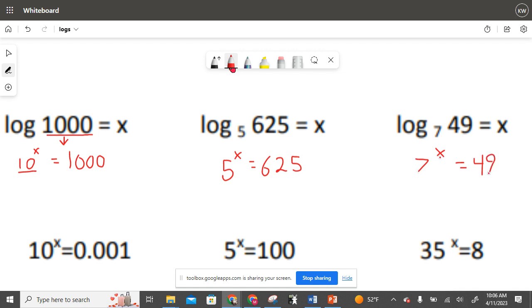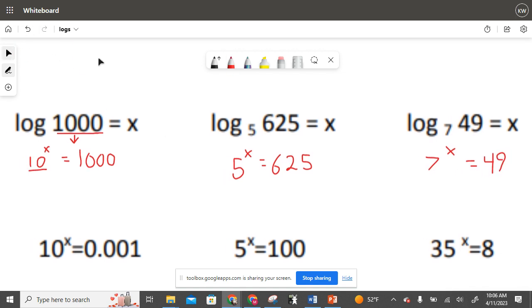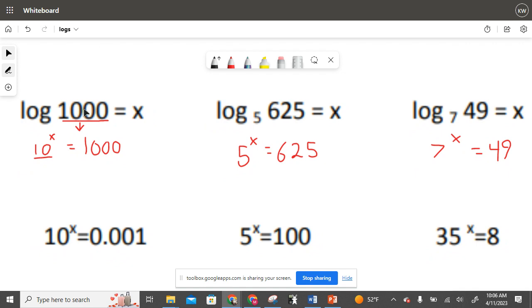Now for this top row, if you were going through and looking at each of these, your next question would be, okay, I was able to convert these between these different forms. What's my x though? In order to answer it, you'd have to tell me your base to what power gives you your answer.